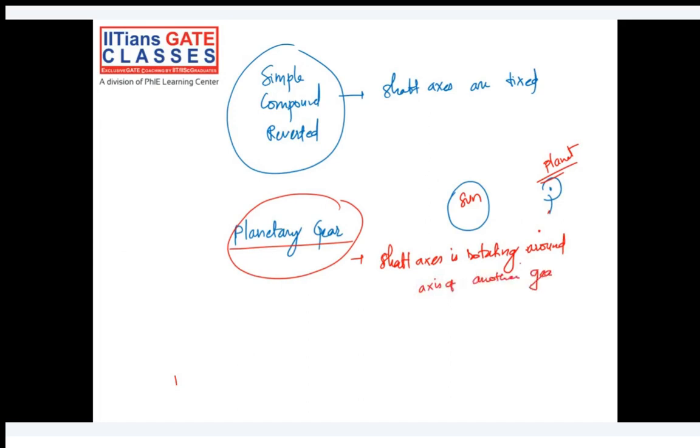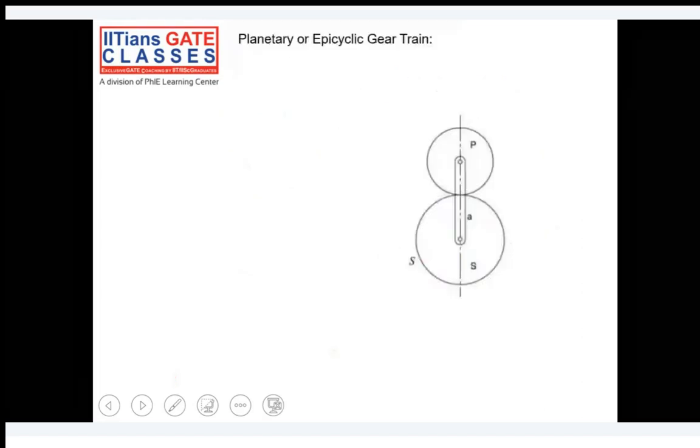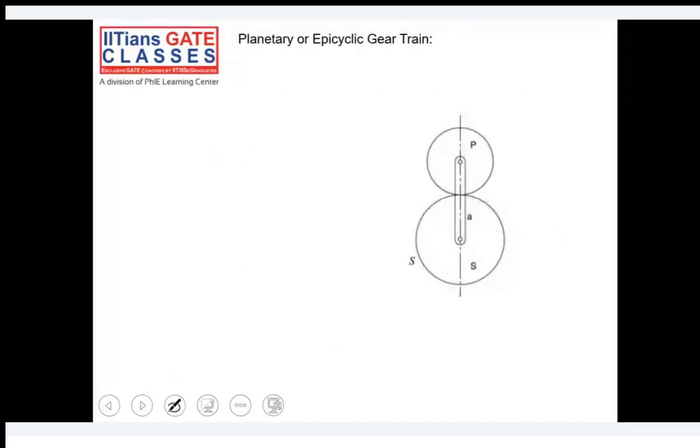So this is the main difference you should know between the three gear trains which we have studied and the planetary gear train. As I said, it's not just a planetary gear train, you can also call it an epicyclic gear train.